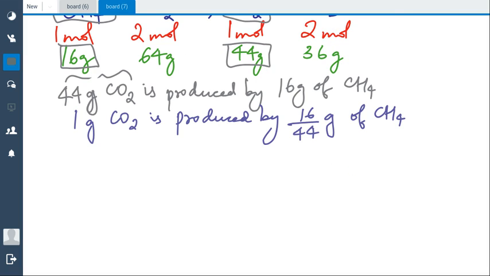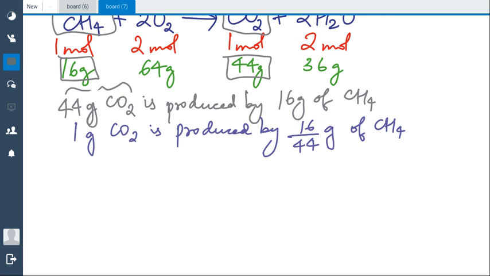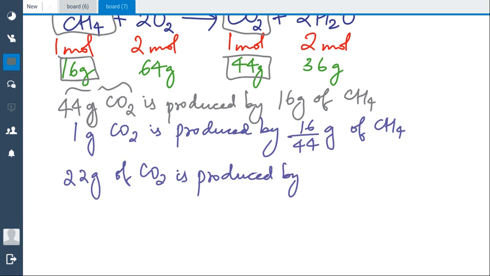Now, next, how much do we have to find? We have to find 22 gram carbon dioxide. So, 22 gram of carbon dioxide is produced by 16 divided by 44 into 22 gram of CH4.